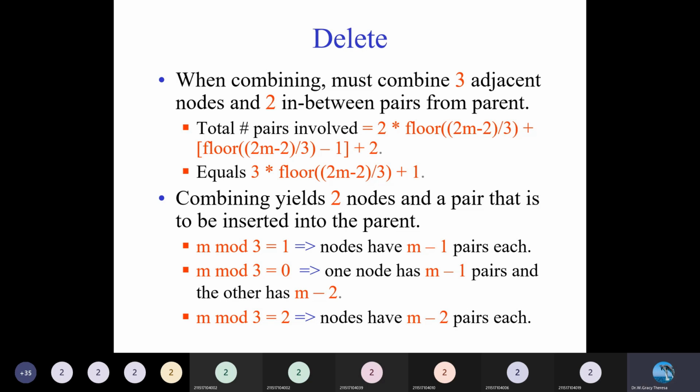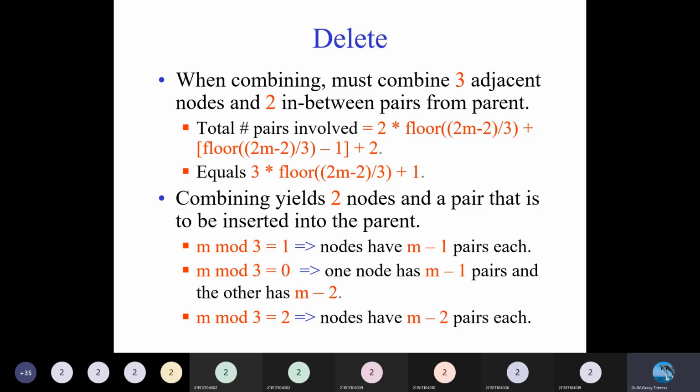That is, based on the mod value you can delete data. Next, m mod 3 equal to 2. So the nodes have m minus 2 pairs. So this way you can delete the combining yield values.